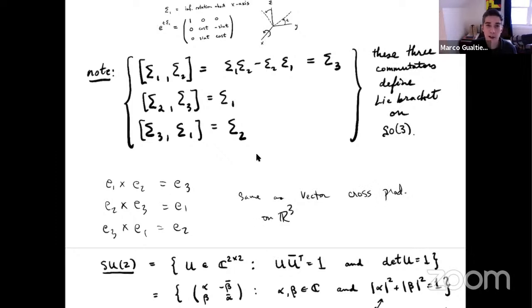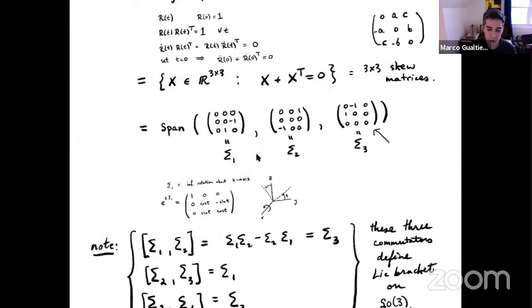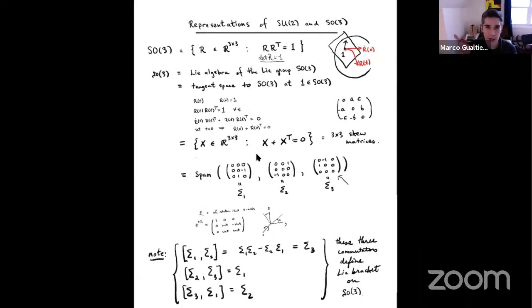So the vector cross product makes R3 into a Lie algebra, and that Lie algebra is the same as the Lie algebra of SO3. So you can see that the cross product is intimately related to SO3, and that's not so surprising.